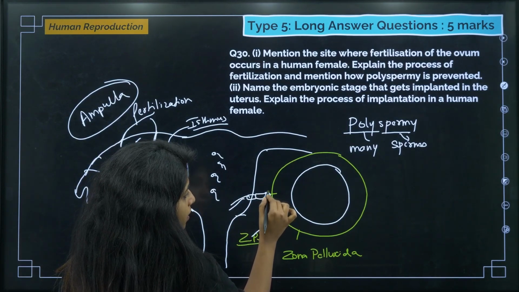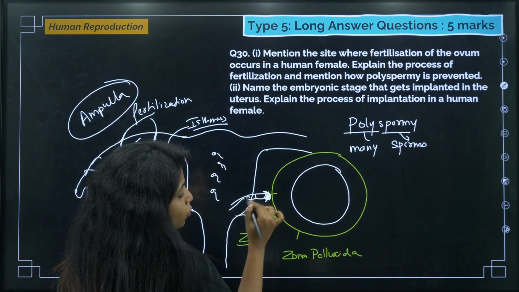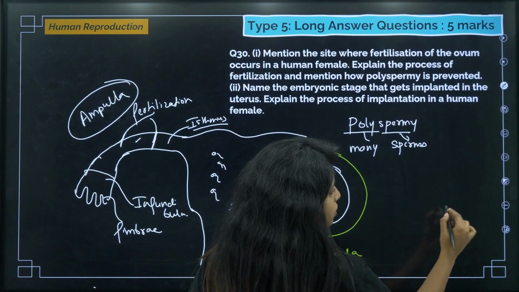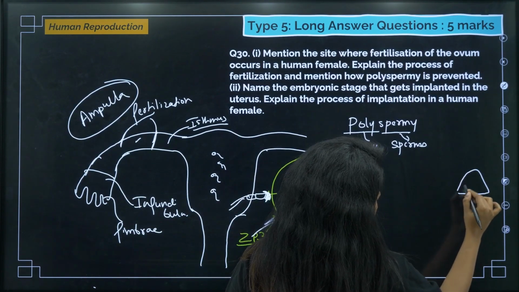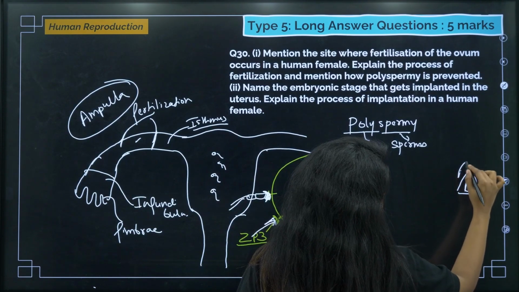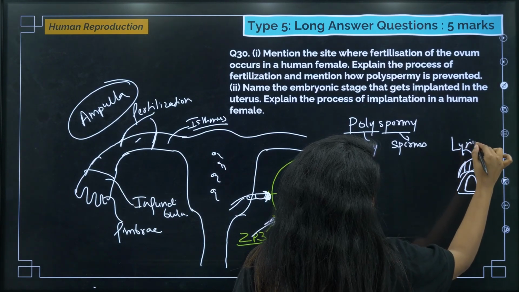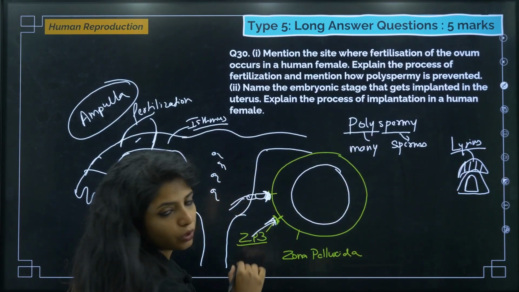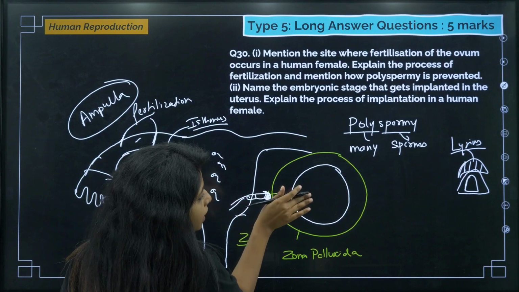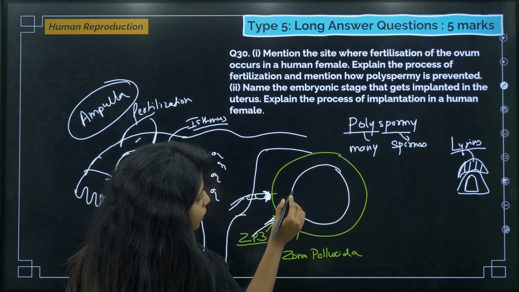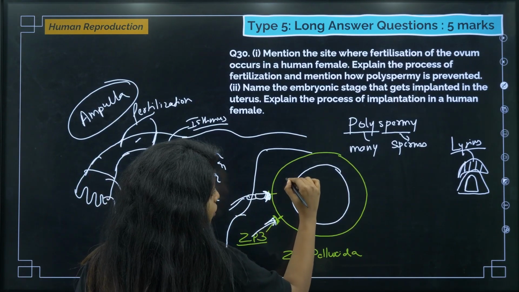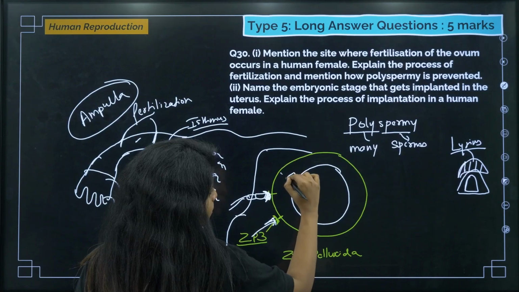Then the sperm's head has the acrosome, which opens up. If you see the sperm head, this is the nucleus and everything, and at the top you have the acrosome with all the enzymes. You call them lysins. They lyse open the zona pellucida and get inside. Just imagine I am making a sperm over here.